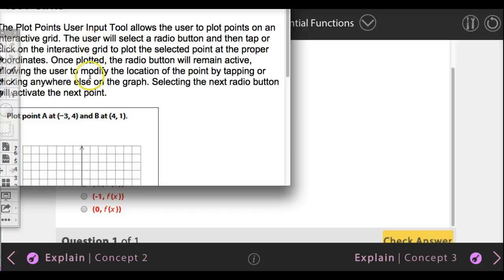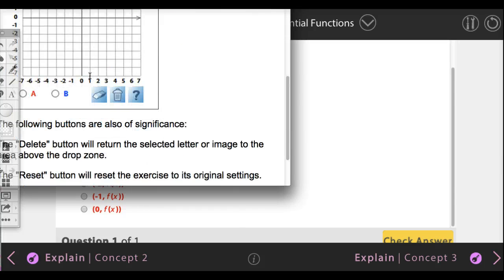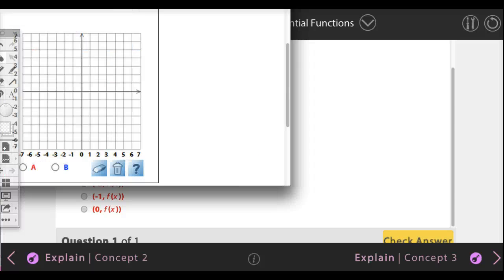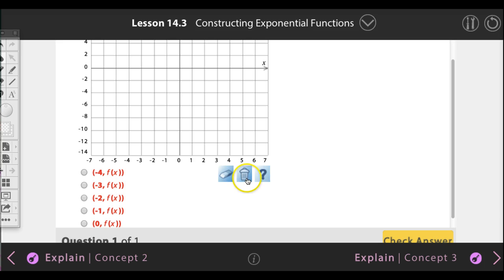Let me see if I understood this. Okay. How do I put this on again? Oh, there you go. Here's a point.